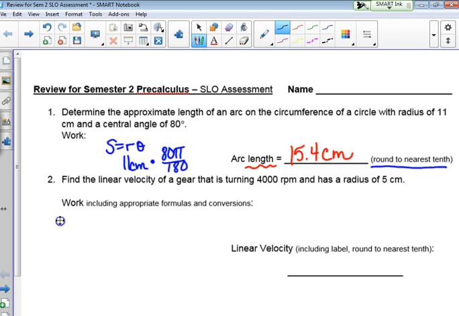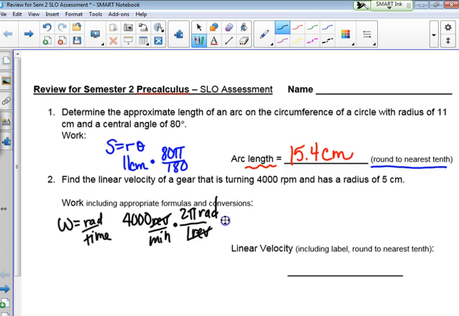Okay, so we need to find an angular velocity, which is radians per time. Do we have that right now? What is this 4,000 business? What do we need to do? One revolution is 2 pi radians.